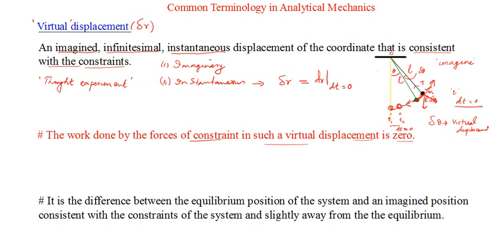So since the virtual displacement is not actually the outcome of a real applied force, we can say that the work done by the force of constraint in such virtual displacements is 0. And that is a logical argument in favor of this assumption. And this has been established in known examples.